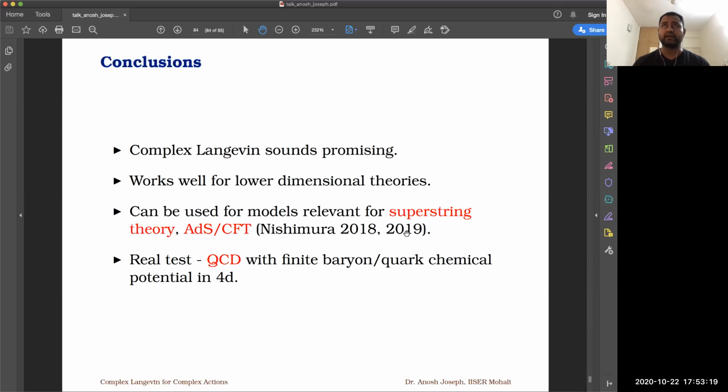The prediction is that this model has a complex fermion determinant, and the complex nature of this determinant induces a spontaneous symmetry breaking in the system.